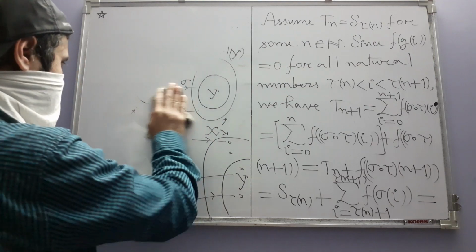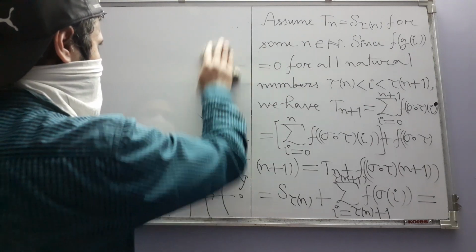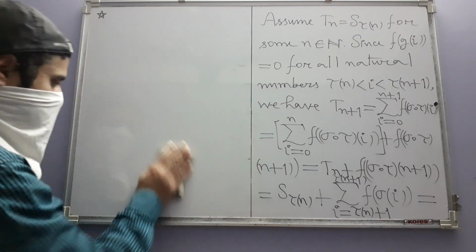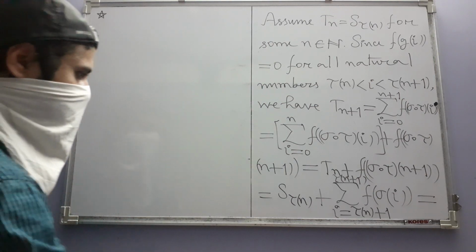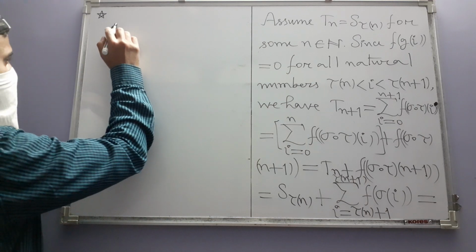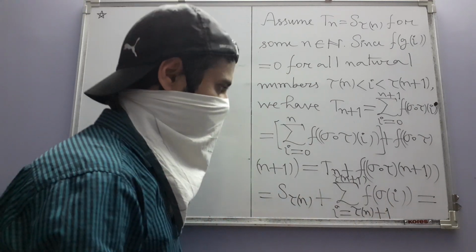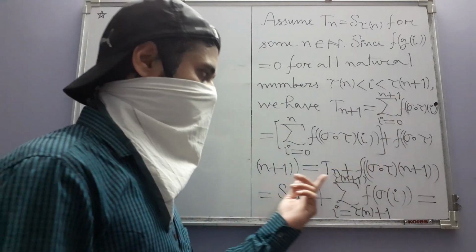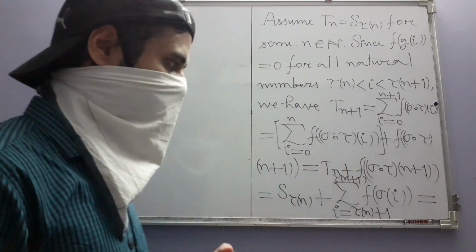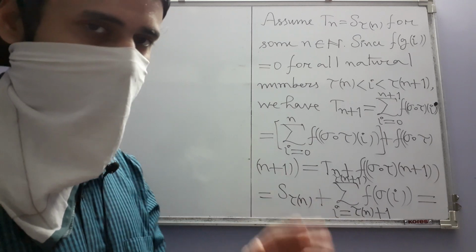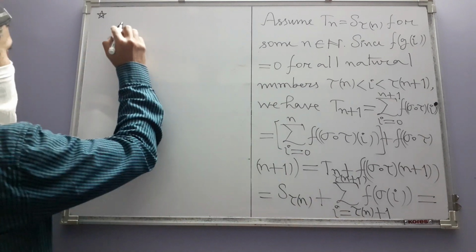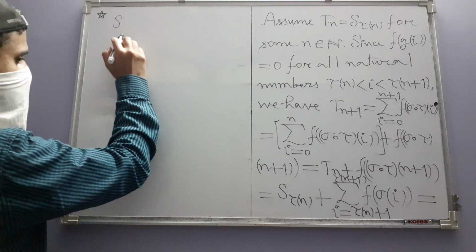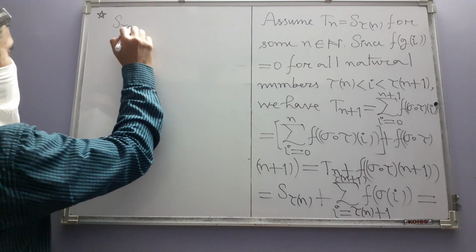Now I can erase the figure, now that we have hopefully understood. This is equal to, it is now just a simple sum as I varies from 0 all the way up to tau n plus 1 without skipping anything in between. So this is equal to S tau n plus 1.